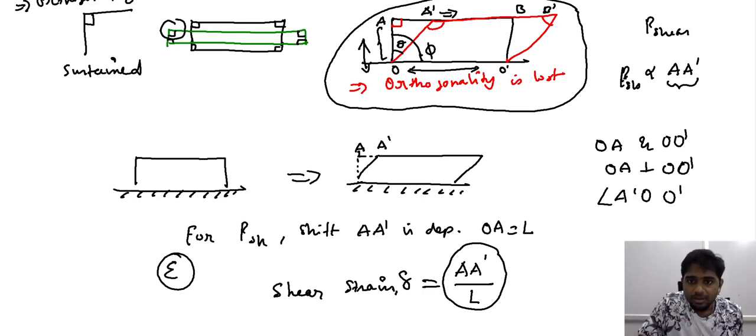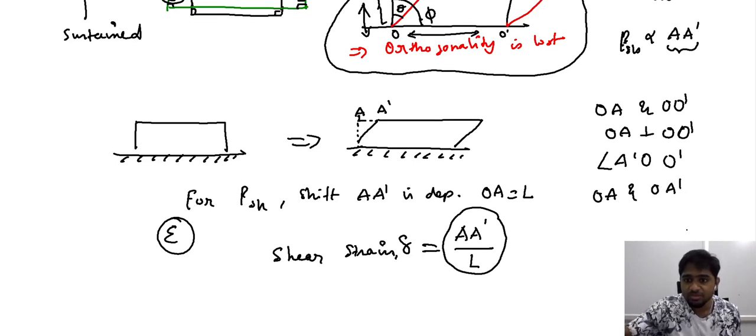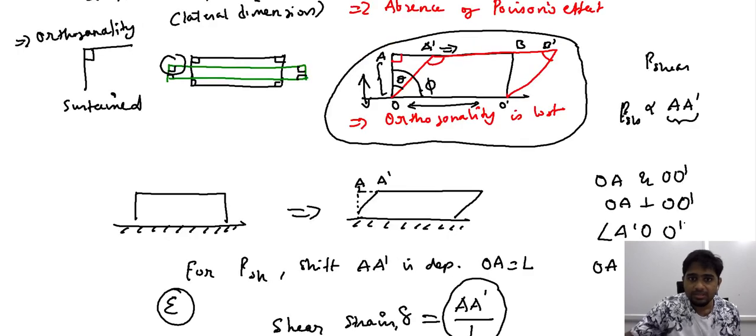Now when you compare the new position to that of the old position, when you compare OA with respect to OA prime, this shift from A to A prime can be described using the angle theta here.